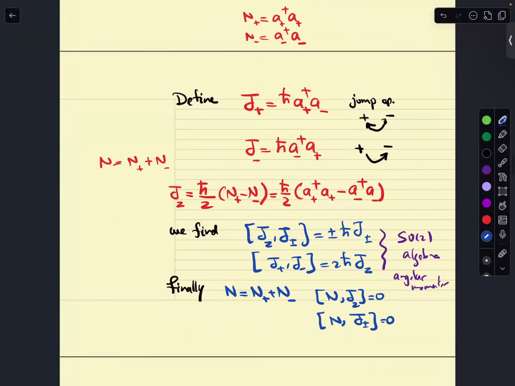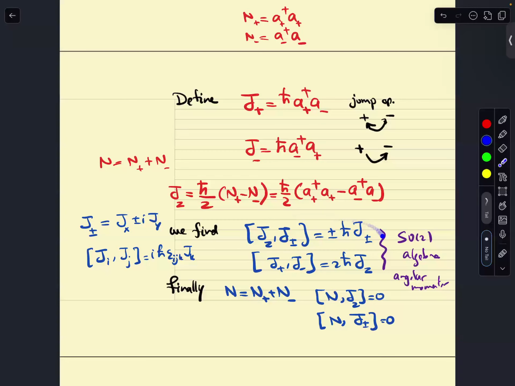Now use these relations to define Jx and Jy. We're going to do this in a bit. And then you realize that once you do that, Ji, Jj satisfy i h bar epsilon ijk Jk. These relations are equivalent to those. Okay, makes sense. Yeah. Any other questions?